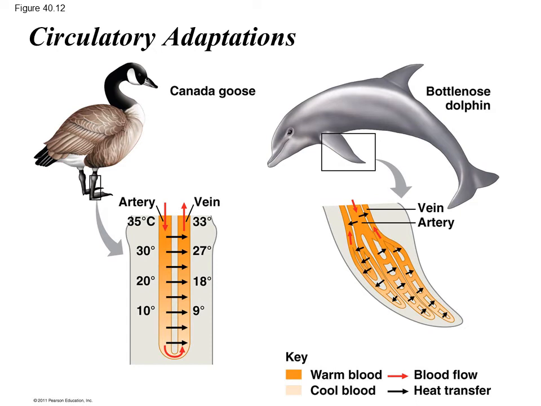So an organism wants to maintain heat in its body. An organism has arteries that are taking blood away from the body and has veins that are bringing blood back to the body. And so they wrap arteries and veins around each other so that they can exchange heat.